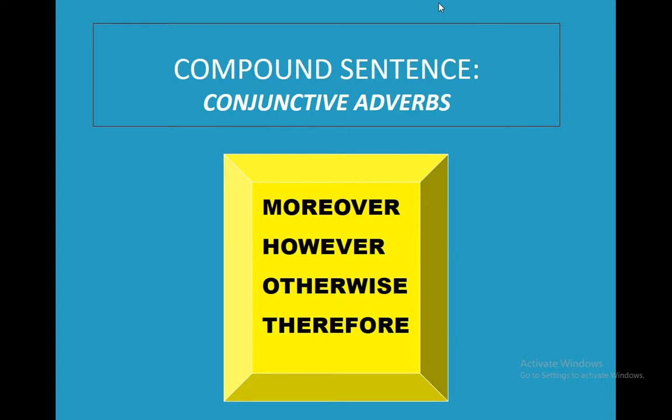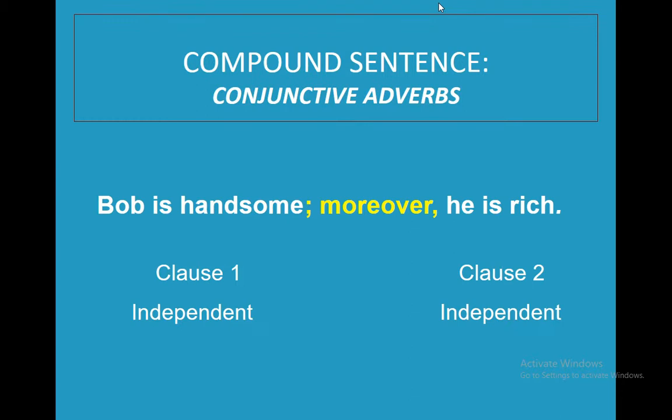We have four words, for example, moreover, however, otherwise, and therefore. For a compound sentence with a conjunctive adverb, we have an example here: Bob is handsome, moreover, he's rich. The first clause is independent, Bob is handsome. The second one is he is rich. They are linked with the word moreover, which is a conjunctive adverb.